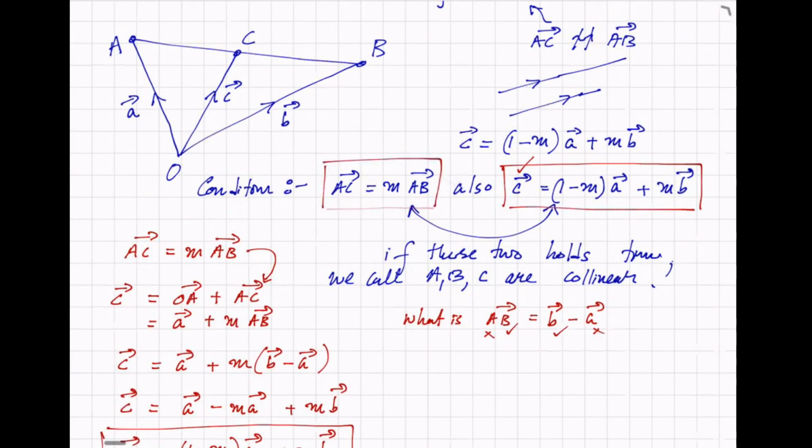That by itself wouldn't tell you they are collinear. That tells you AC is parallel with AB. To have collinearity, you should have another condition: C is equal to (1 minus m) A plus m B. We derived that from this geometry. So we drew this geometry so that A, C, B are collinear to each other, and from that geometry, we proved the second condition.